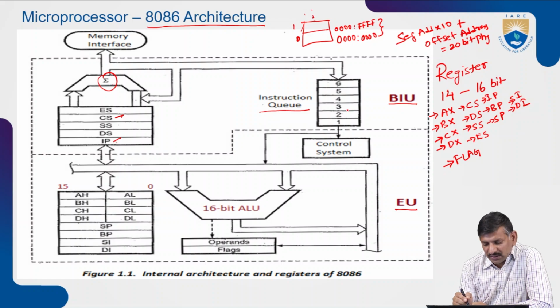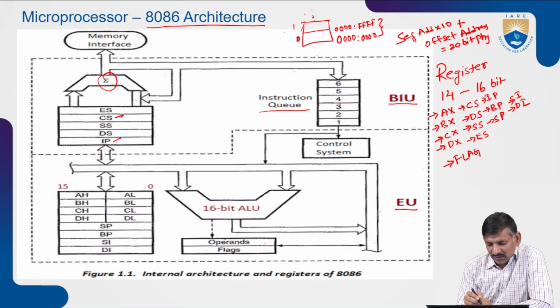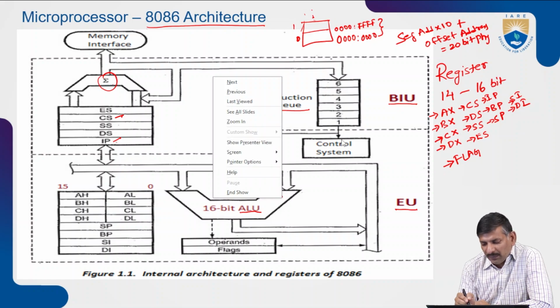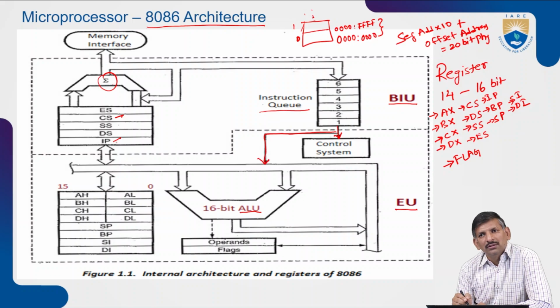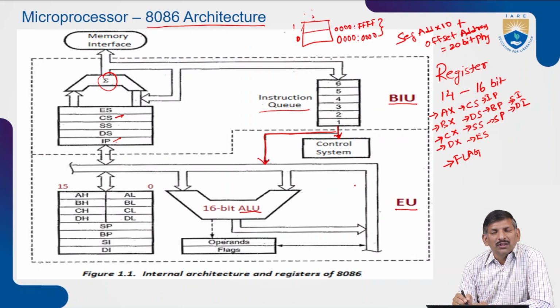After decoding the instruction, based on the type of operation, if it is an arithmetic and logical operation, that information is passed to the ALU. If it is a control operation, that goes to the control unit. Suppose I want to do the addition operation, to add two numbers. Where those two numbers are located, that instruction finds out the 20-bit address, goes to that memory location and fetches that instruction.